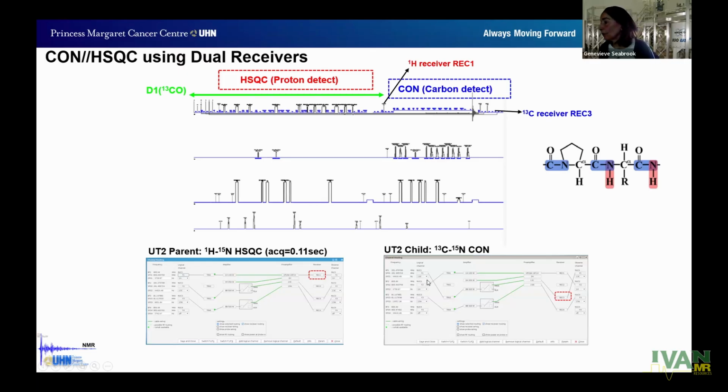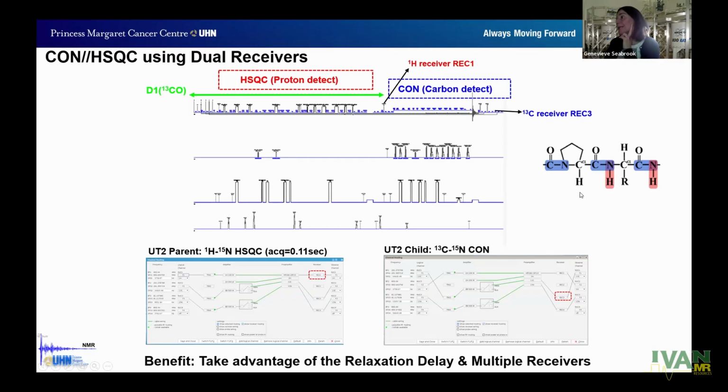Channel 1 is your C13, and you use another receiver to collect your C13 signal. So in this experiment, you collect the NHs that you get when you run a simple HSQC, and you also collect the correlation between the carbon and nitrogen, as you would get in your CON experiment.